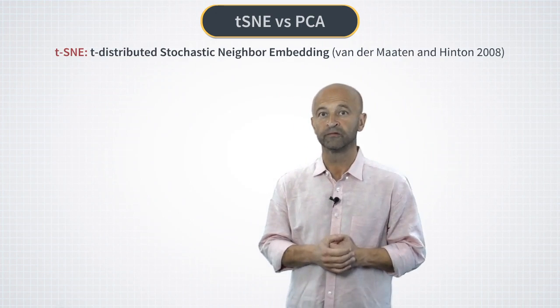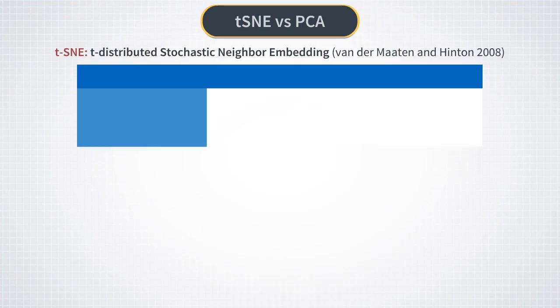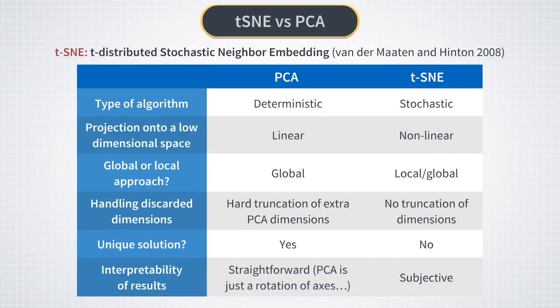The tSNE method was proposed in 2008 by Van der Maaten and Geoff Hinton, and since then has become a very popular tool in machine learning and data science. Now, how does the tSNE compare with the PCA? There are multiple dimensions by which we can compare these two methods.